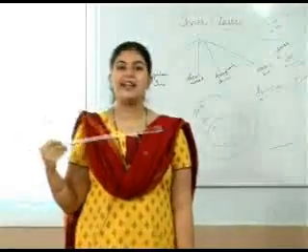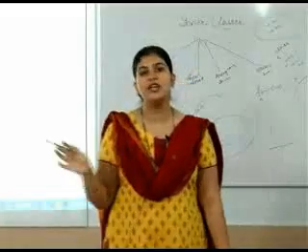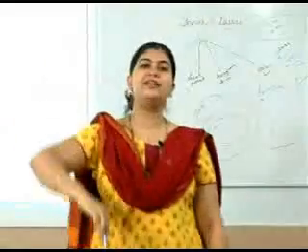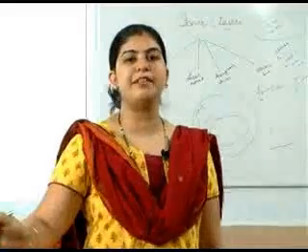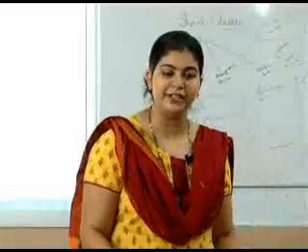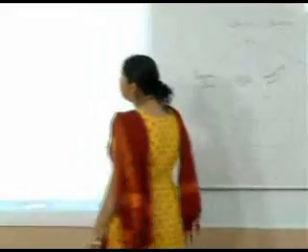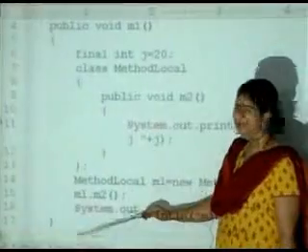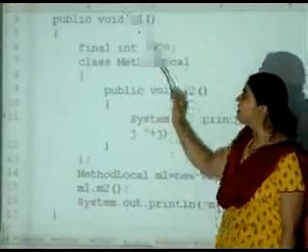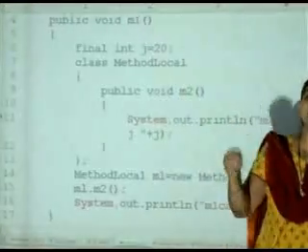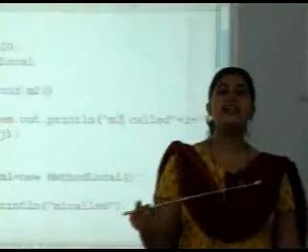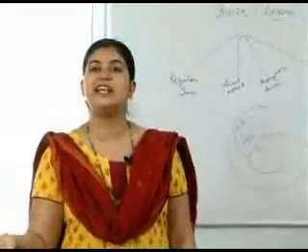If it is defined in a constructor, it can be used only in the constructor. If it is defined in the method, it can be used only in the method. It cannot be used outside the method. In a similar manner, if my class is defined in the method M1, can I use this class outside my method? Or can I create an object of this class outside my method?